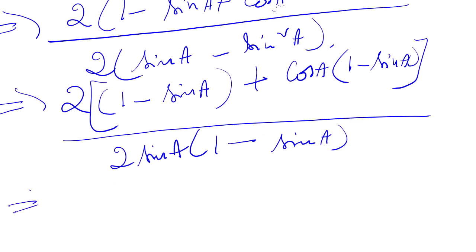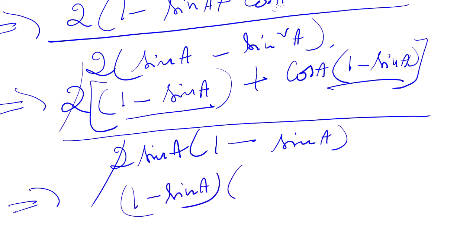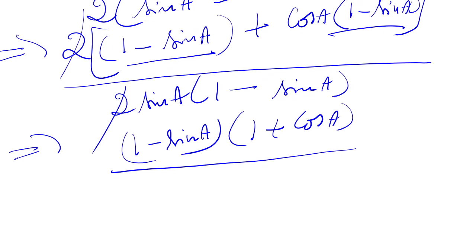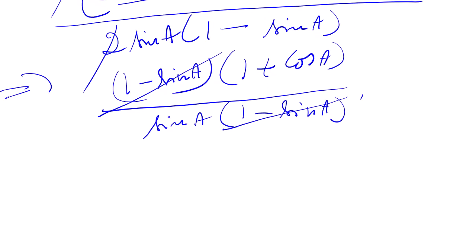Okay, now again 1 minus sin A is common. So, and this 2 gets cancelled. So 1 minus sin A, if I take out common, 1 plus cos A whole upon sin A into 1 minus sin A. Now 1 minus sin A, 1 minus sin A gets cancelled.